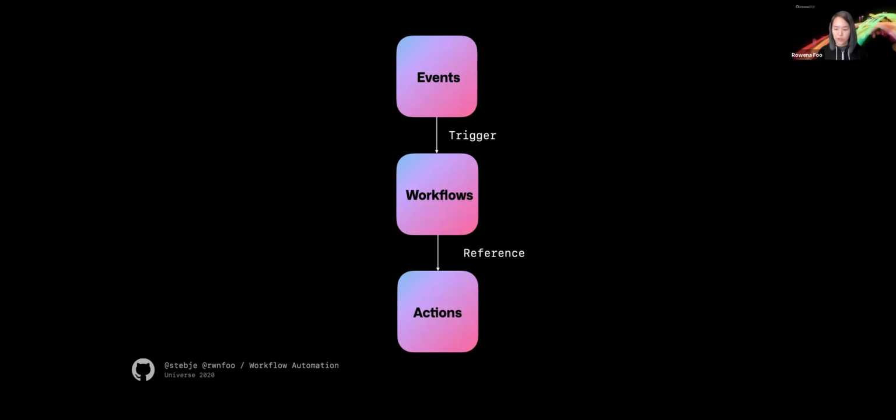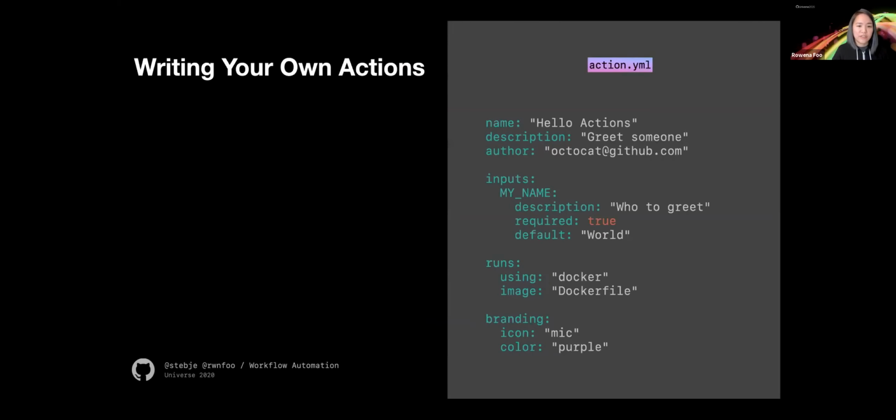However, to satisfy your curiosity, if you're wondering what it's like to write your own actions, here are some things to think about. You can either write an action in JavaScript or create a Docker container action. A container allows you to have very specific environments, like specific versions of dependencies, tools, and software.